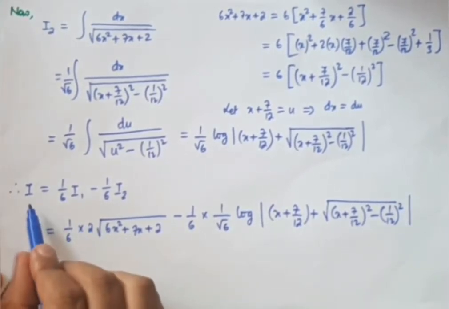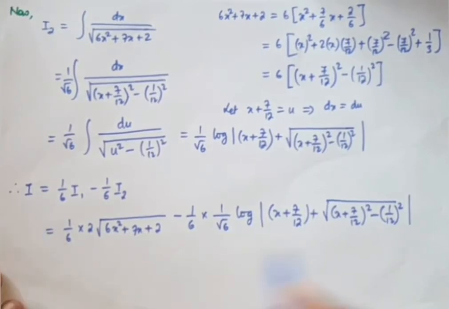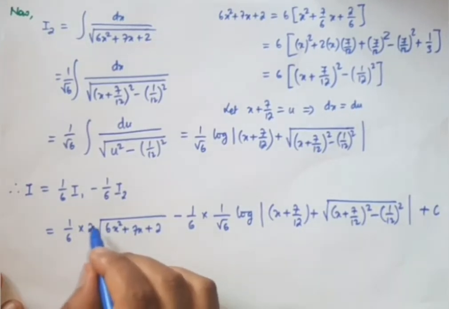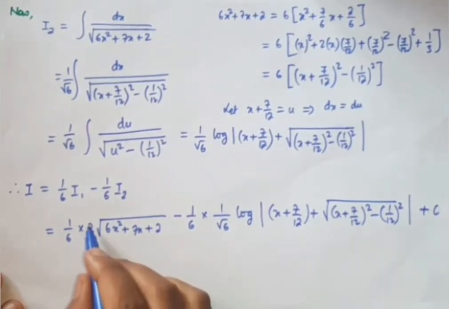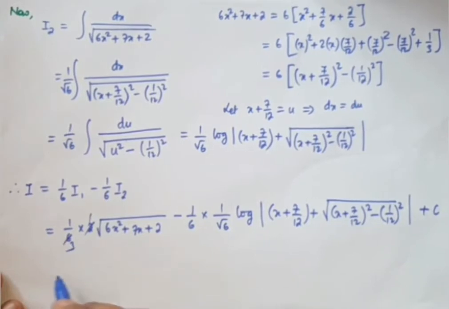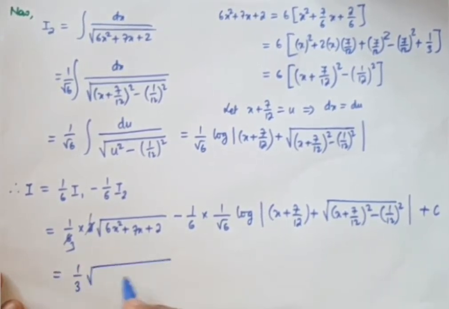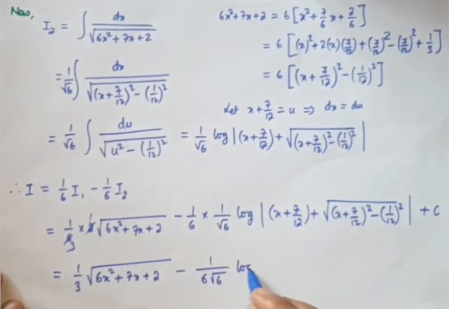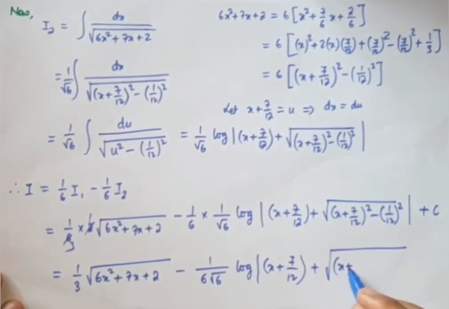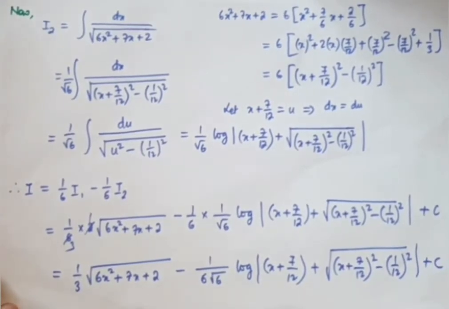Now as I said earlier, we'll put the constant of integration only with I, so that's why I'm putting a constant of integration out here. If you want to simplify, this can be simplified. For example, this and this get cancelled, so this whole thing can be written in a simpler form. Okay, so this will be our final answer for this particular question.